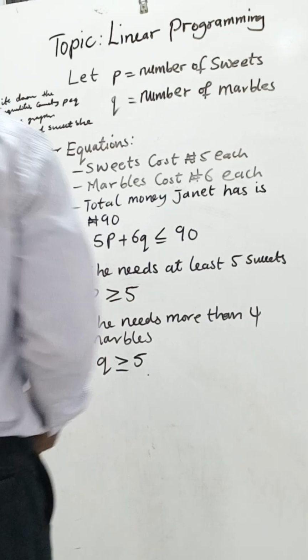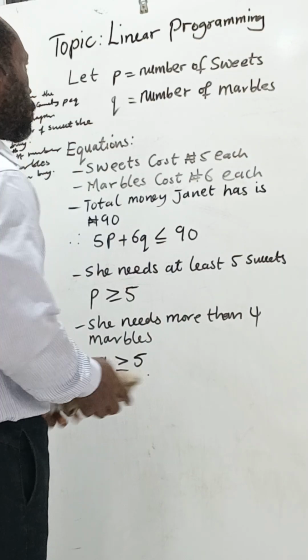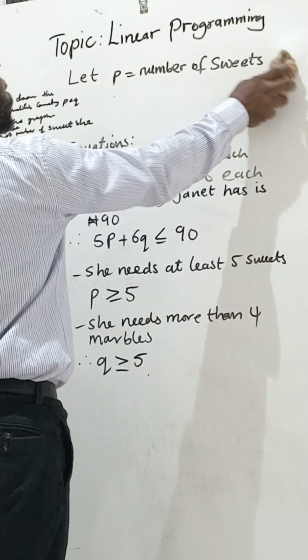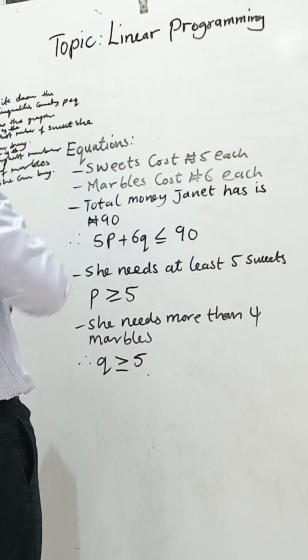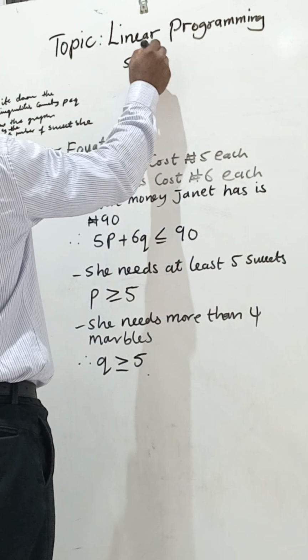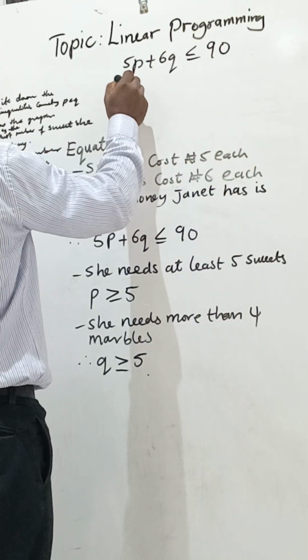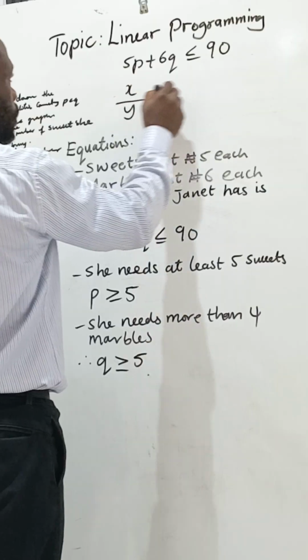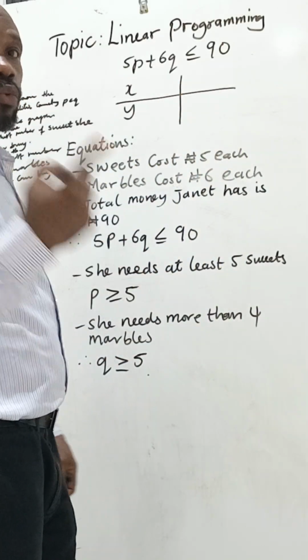So firstly, I'm going to create a table of values for 5p plus 6q less than or equal to 90. So I'm going to take just 2 values.